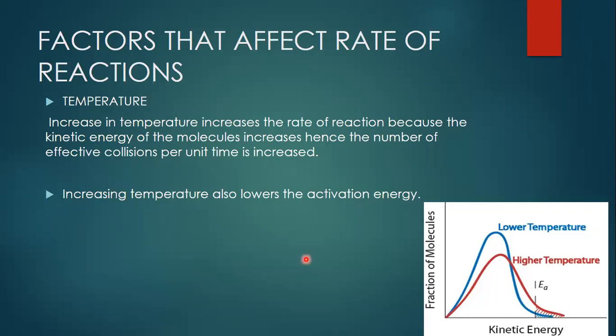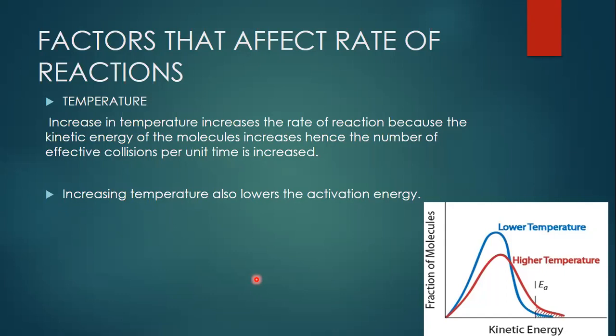Yes, you might even burn the food. It means the rate of reaction is very fast then. So increase in temperature increases the rate of reaction because the kinetic energy of the molecules increases. Hence, the number of effective collisions per unit time is increased.